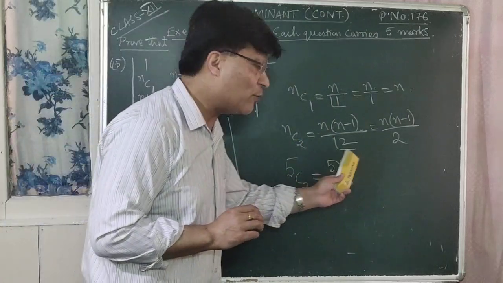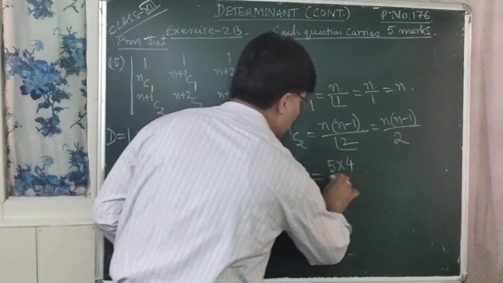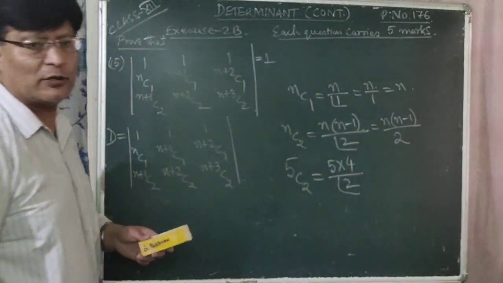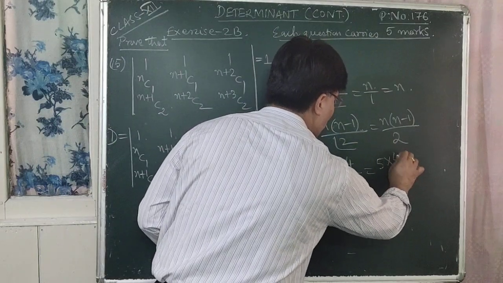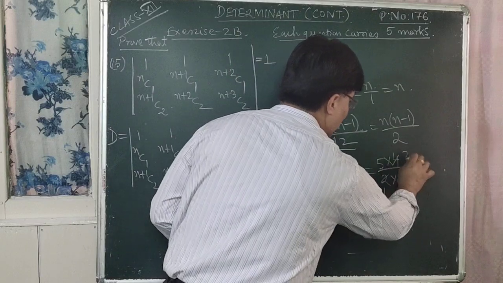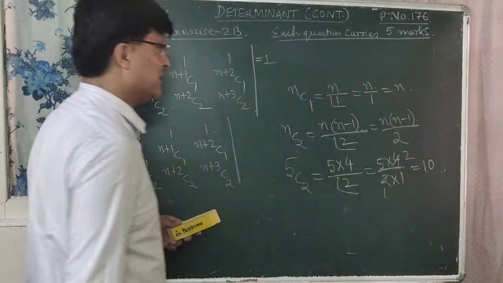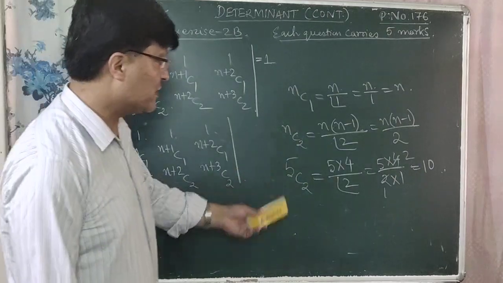So the next factor is 4, divided by factorial 2. What is factorial 2? It is 2 into 1. So 5 into 4 divided by 2 into 1. 2 1s are 2, 2 2s are 4, 5 2s are 10. So that is the simplified form of 5C2.